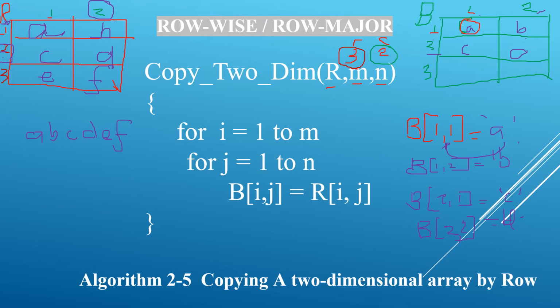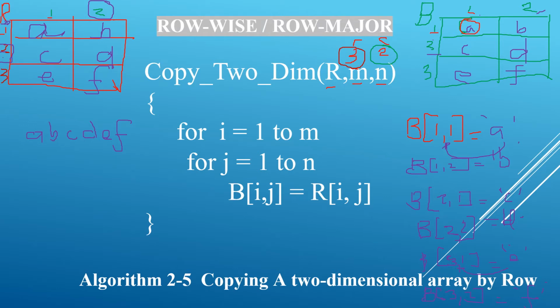So, we have D. Okay? Next, we have the next row, row 3, column 1, row 3, column 2. So that will be E and F. So at row 3, column 1, E will be assigned. At row 3, column 2, F will be assigned.